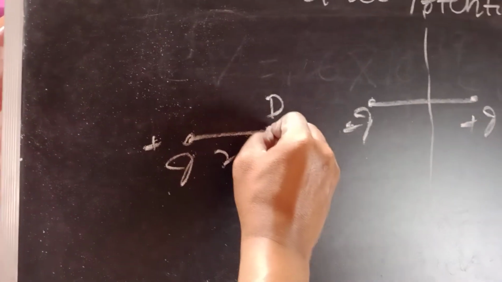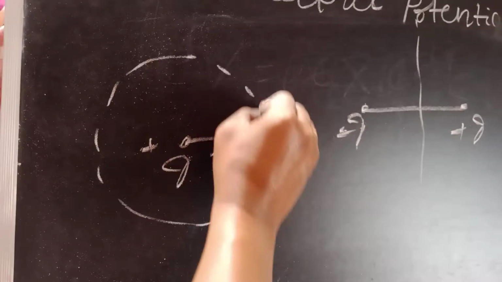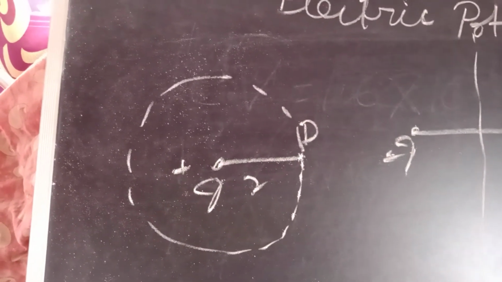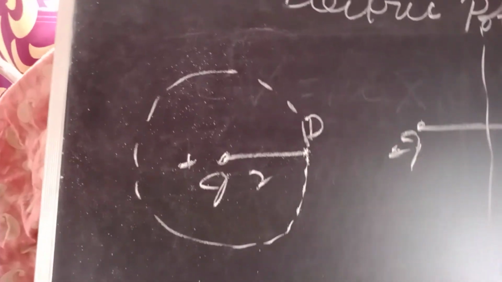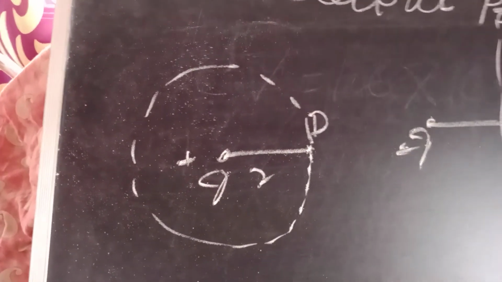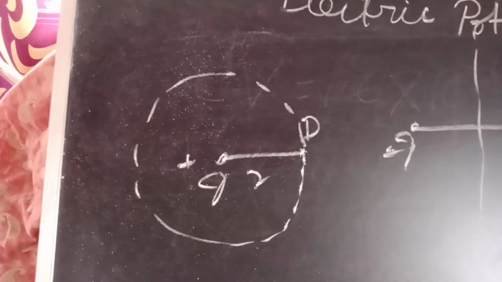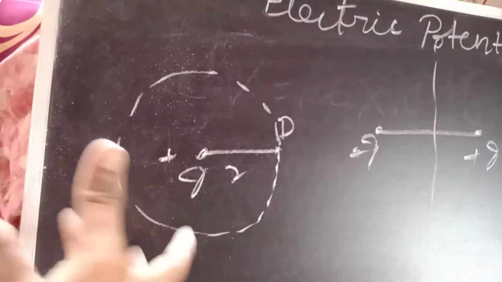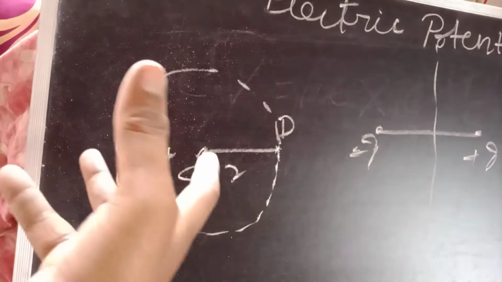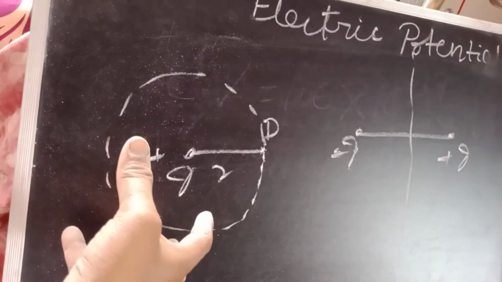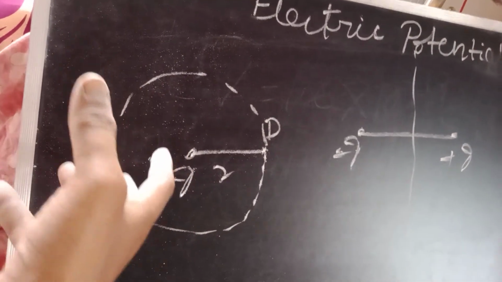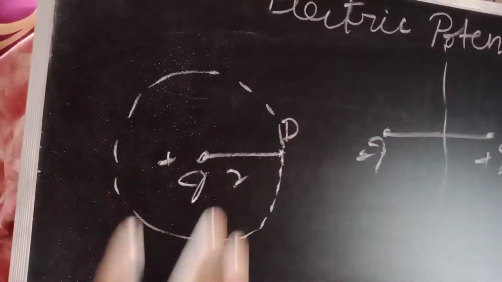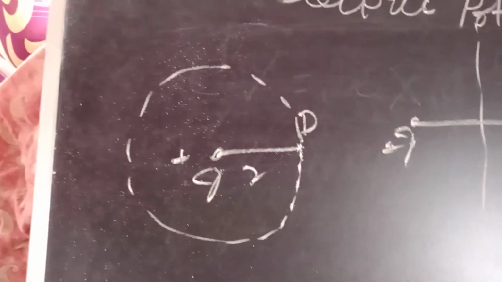Now if we take a sphere of radius r, then at any point on the surface of the sphere the potential is the same, because it is Q by 4 pi epsilon naught r at every point. The surface where the potential at all points is the same is called the equipotential surface, isn't it?